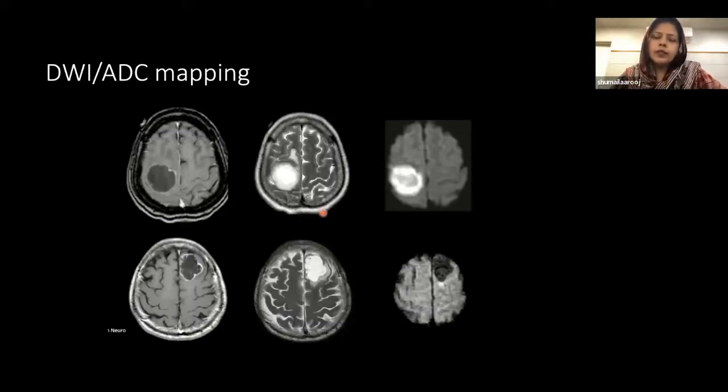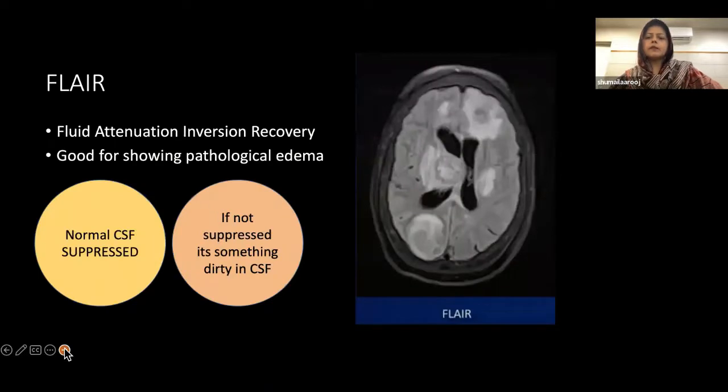So if there is central diffusion restriction, like in this case, always consider an abscess: peripheral post-contrast enhancement, hypointense T1, hyperintense T2, and central diffusion restriction. If there is no diffusion restriction, then you have to think of other entities like a neoplastic lesion with central necrosis.